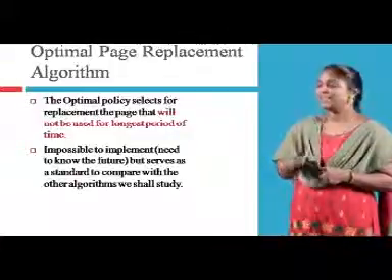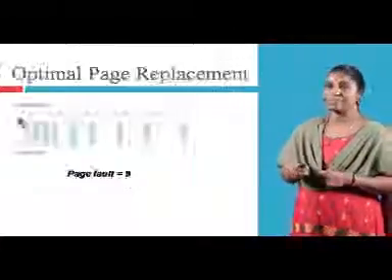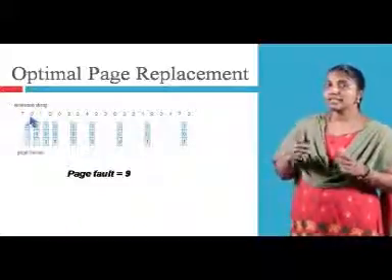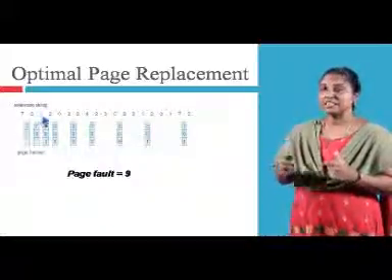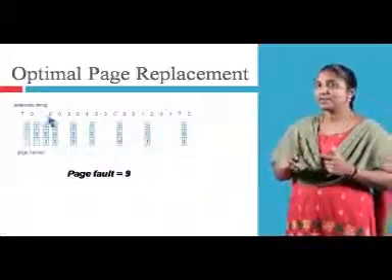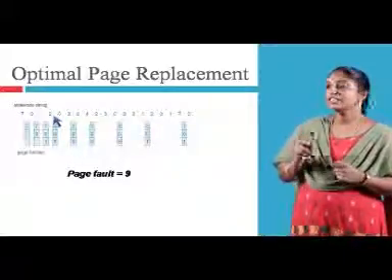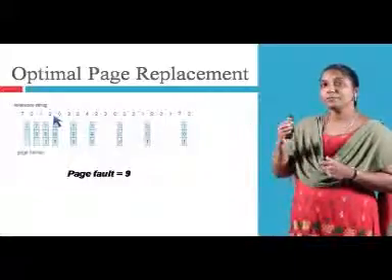Now we will see again the same reference string and how it can be used for the optimal page replacement. Here the first 3 frames are loaded in the physical memory and a page fault occurs each and every time, so 7, 0, 1 will be loaded. When the next page 2 comes, which frame has to be replaced? The one not used for the longest period of time in the future.